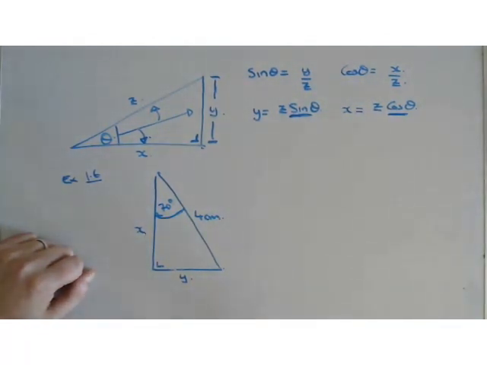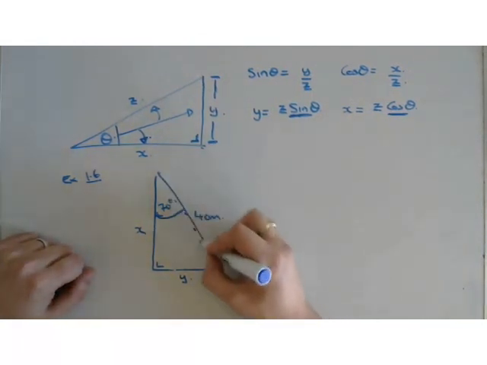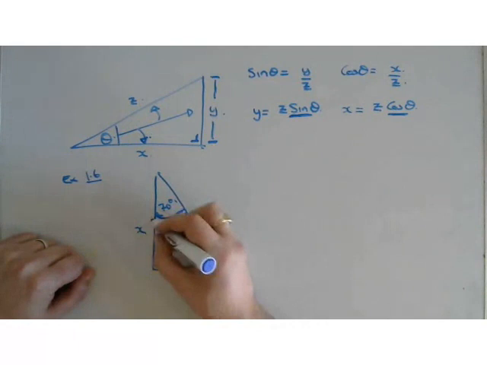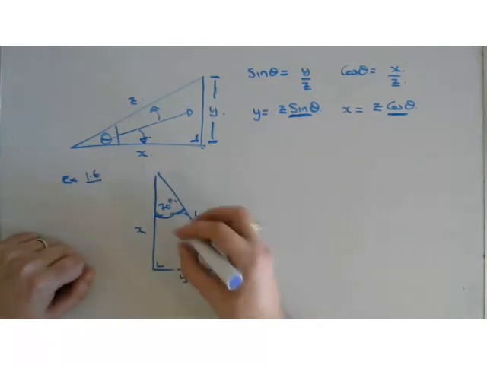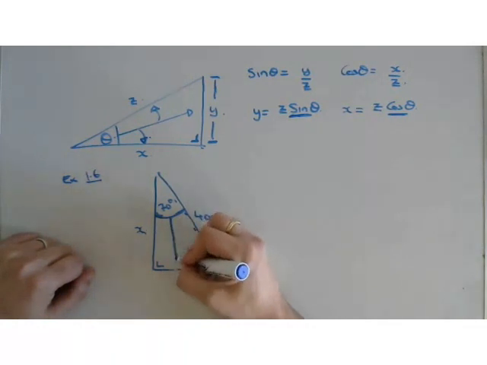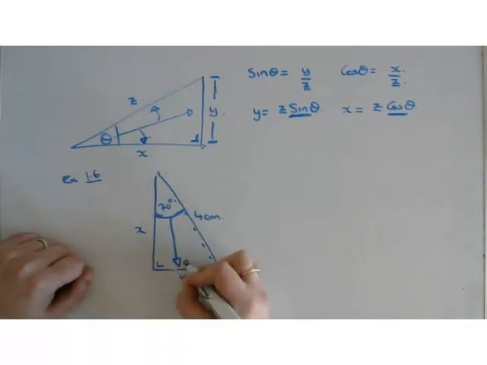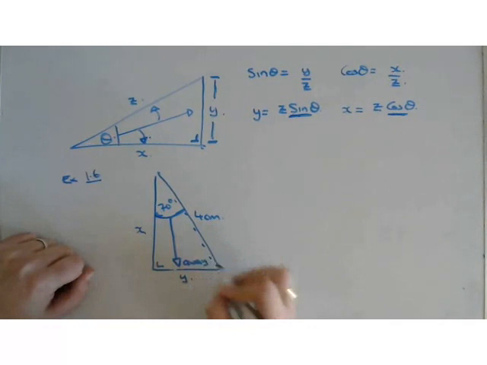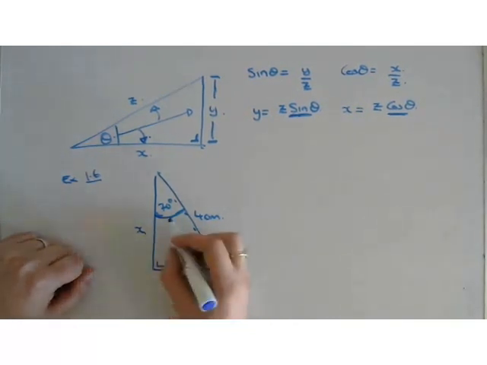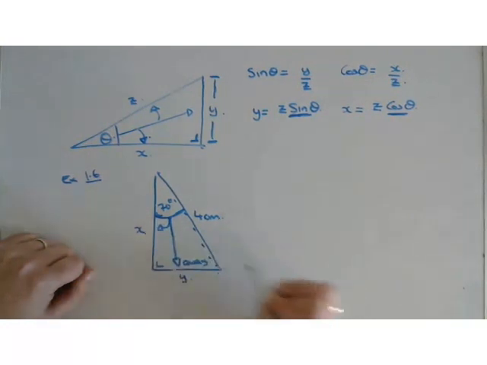And the way I like to think about it is this. Okay, here we have the hypotenuse of this triangle, and here is the angle. Now, we can find the two sides from here. This side is away from the angle, and this one is beside the angle.